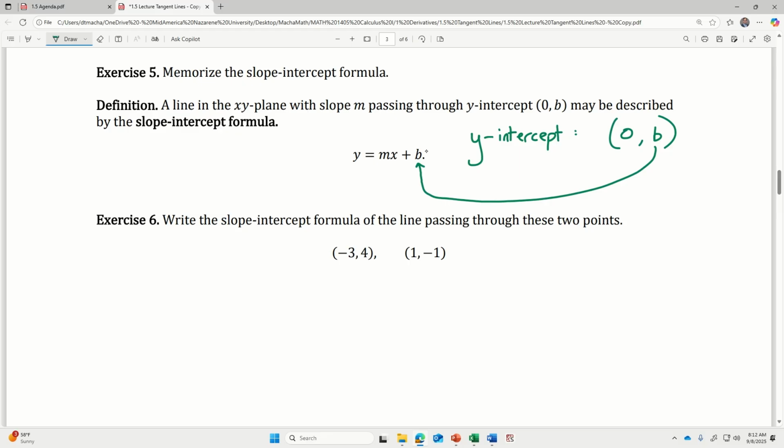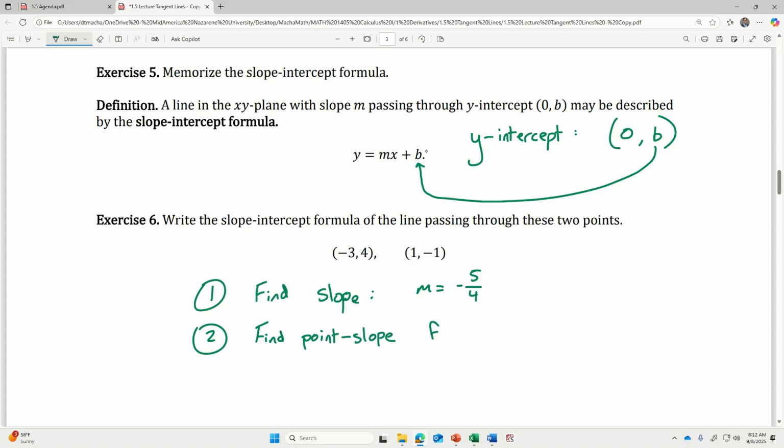And so now, if I ask you, write the slope-intercept formula of the line passing through these 2 points, number 1, find the slope, like we did earlier. And we found the slope to be m equals negative 5 over 4. And step number 2, you're going to first find the point slope formula.